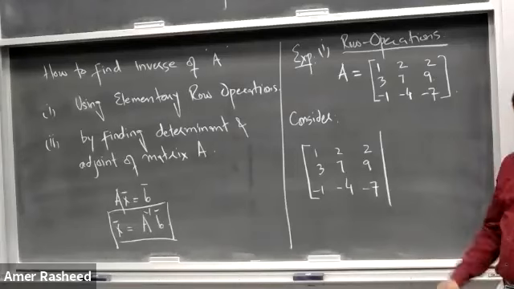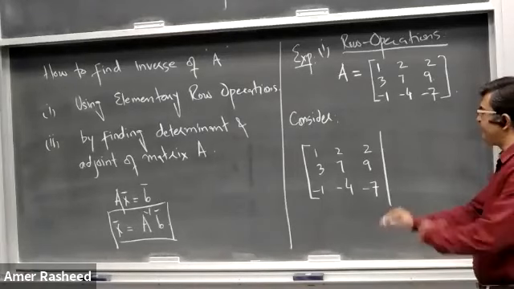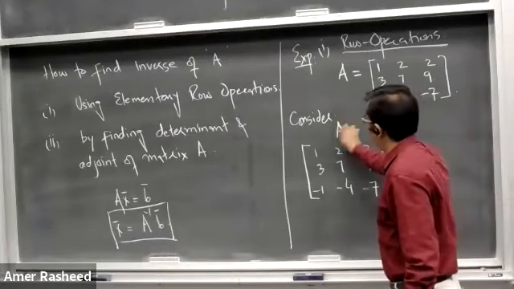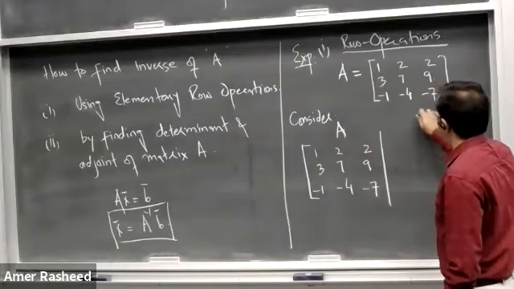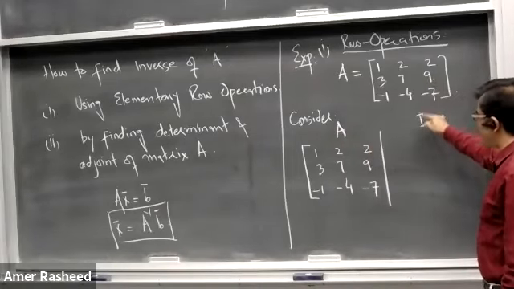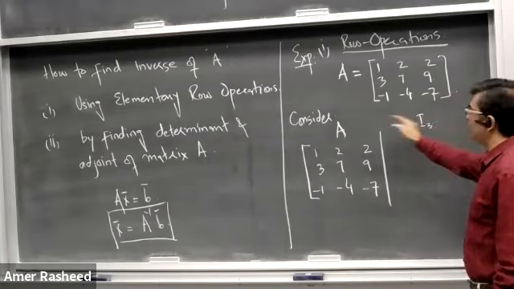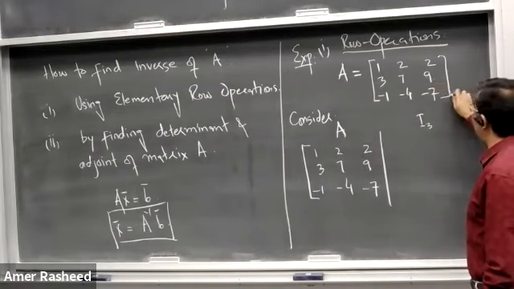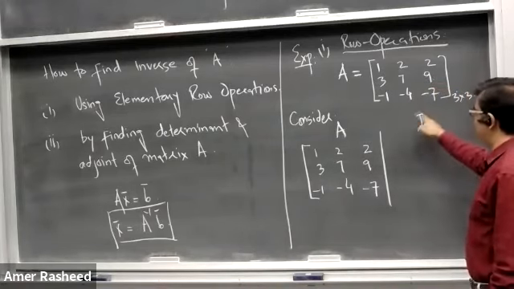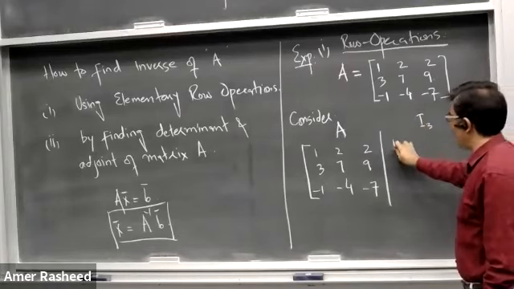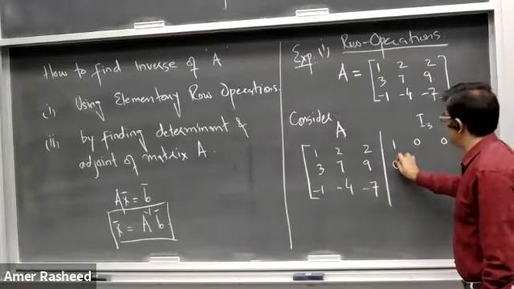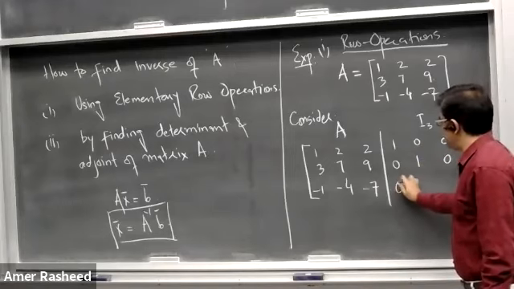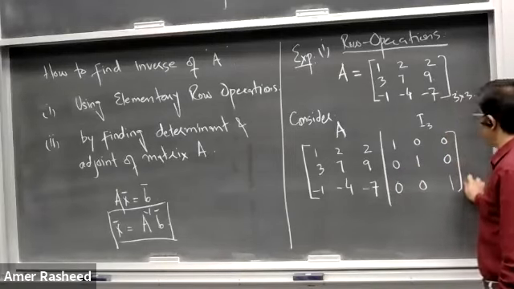And then a vertical line just to differentiate. So this is your A matrix. Now you write here an identity matrix of the same order as A. A is a 3 cross 3 matrix here, so you write an identity matrix of 3 cross 3, which is 1, 0, 0, 0, 1, 0, 0, 0, 1.